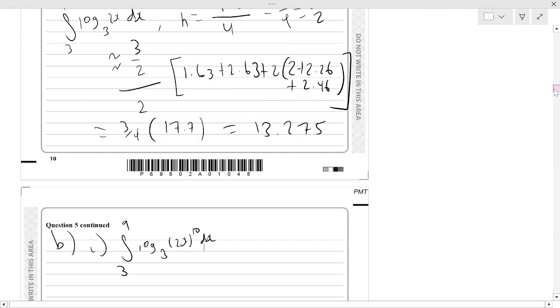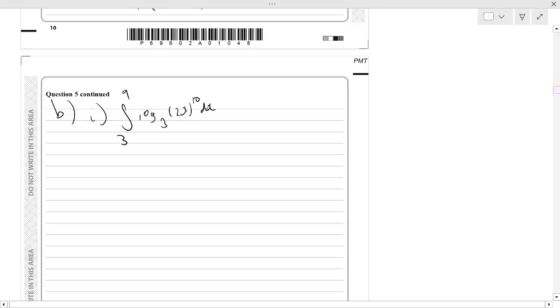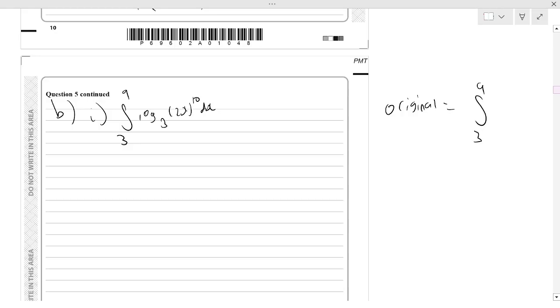Okay, so what you need to do is compare it with the original. I'm going to write here the original integral: 9 and 3 of log 3 of 2x dx.